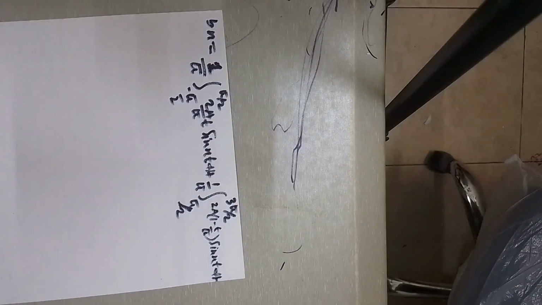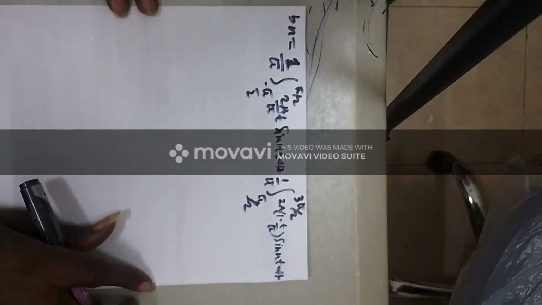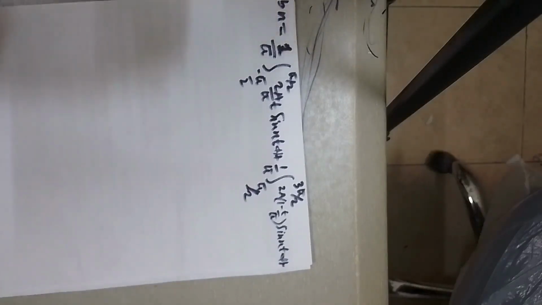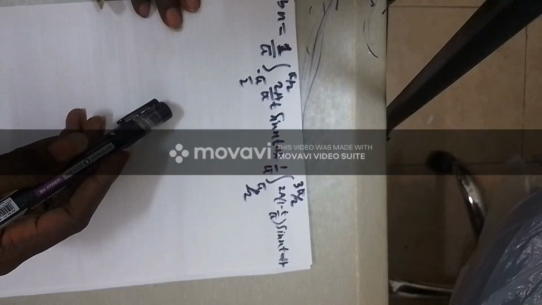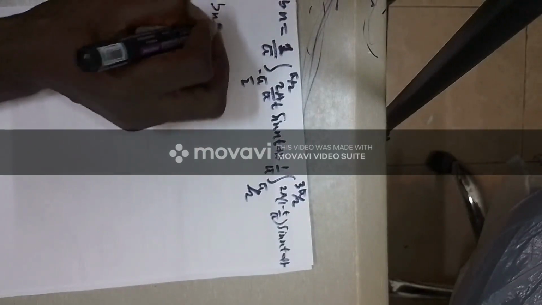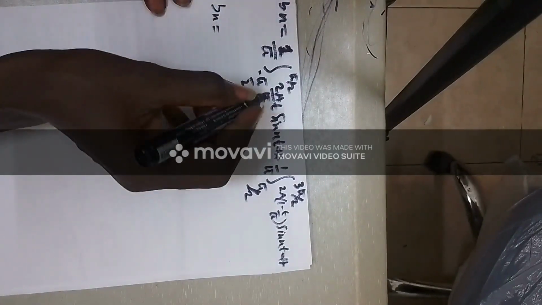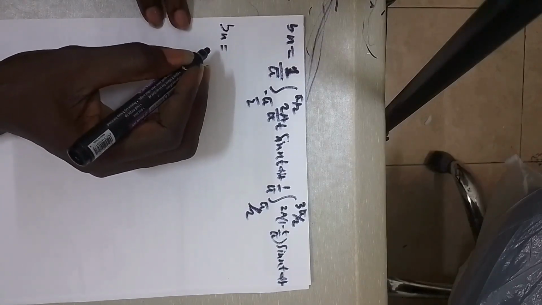So from here we can summarize our equation. What we can do from here is that we can do the integration of our equation. But before I do that, let me bring some things out. So Bn is equal to, I can bring 2a over pi out.